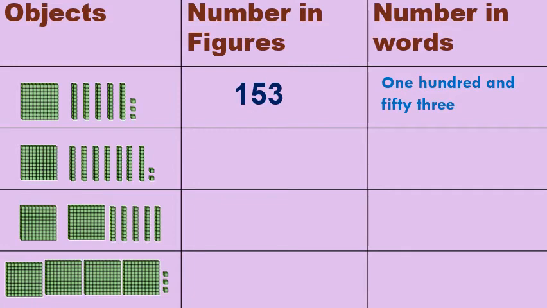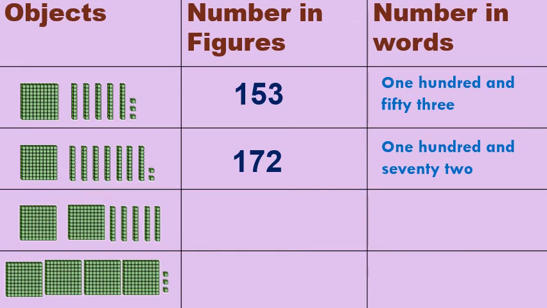Okay, we'll move to the second one. 1 hundred bundle is there, 7 tens are there and 2 units. So that is 172. In words, 172. Third one. Yes, there are 2 hundred bundles, so it became 200, and 5 tens are there.